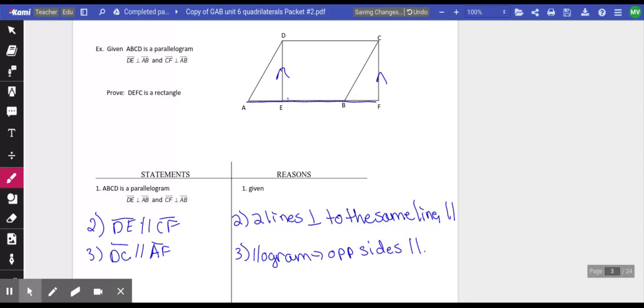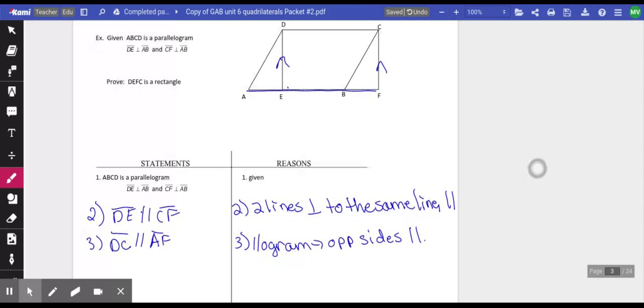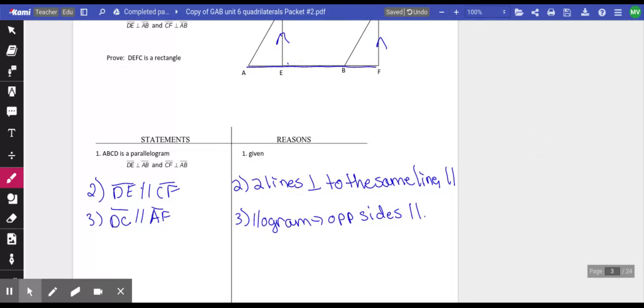Now, what I accomplished by doing that is I know that DCFE is now a parallelogram, because it has two pairs of opposite sides parallel.